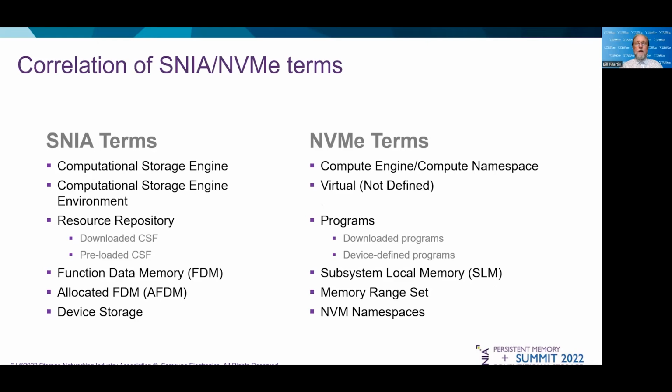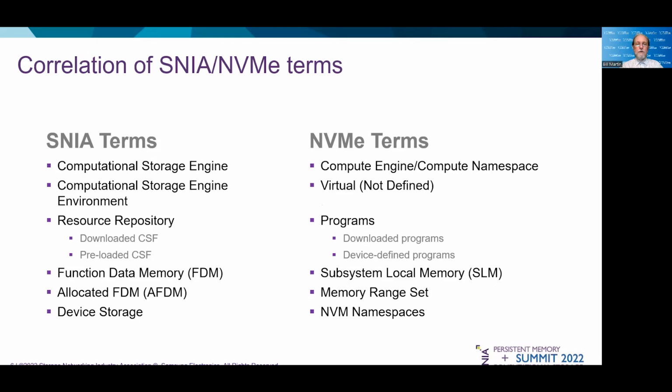Programs in NVMe may be downloaded or device defined, which means that they are preloaded. However, one of the differences here is that the programs in NVMe are each associated with a given compute namespace as opposed to a global repository. This is a minor difference in architectural usage of the terms that does not really affect how these two models interrelate with each other.